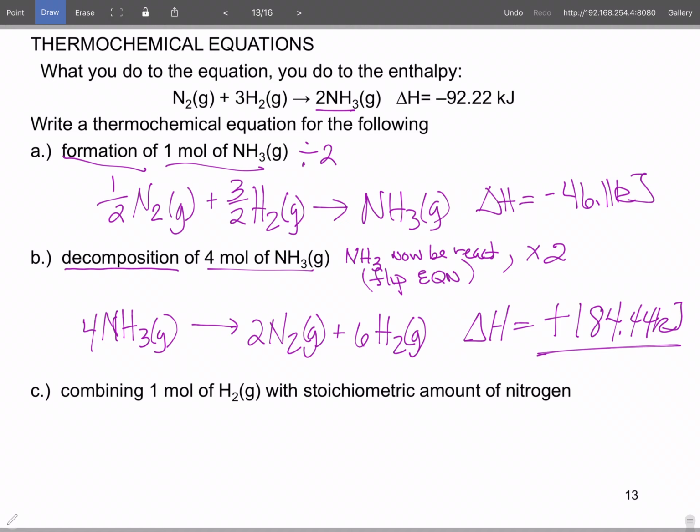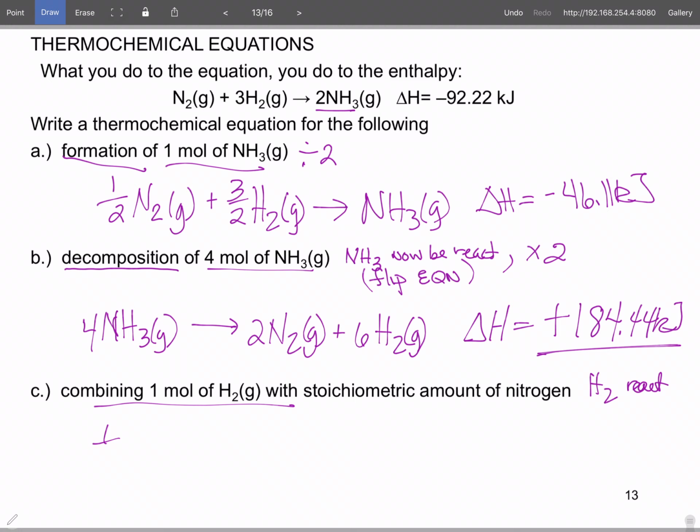Okay? So we'll do one more, combining 1 mole of hydrogen with the stoichiometric amount of nitrogen. So if we look at the equation, wait a minute, we have 3 moles of hydrogen. Okay, we're going to combine hydrogen, so that means that hydrogen is a reactant, but we only need 1 mole of it.